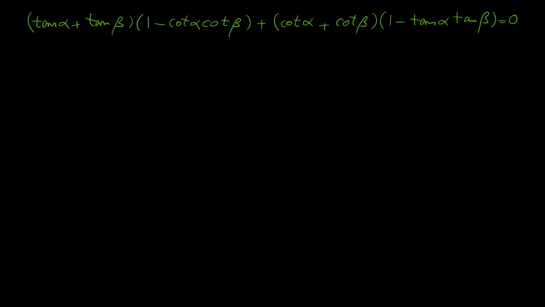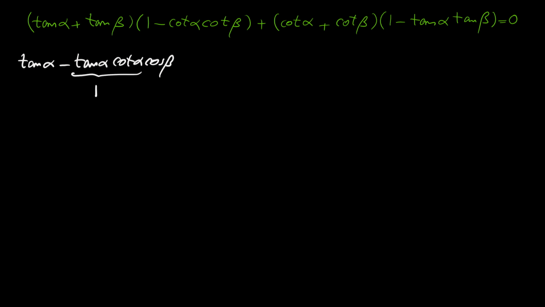Tangent alpha times 1, we multiply the first term in the first bracket. Attention, we are basically using the FOIL method. We multiply term by term. Tangent alpha times 1 is tangent alpha. Then tangent alpha times negative cotangent alpha, cotangent beta, we have negative tangent alpha, cotangent alpha, cotangent beta.